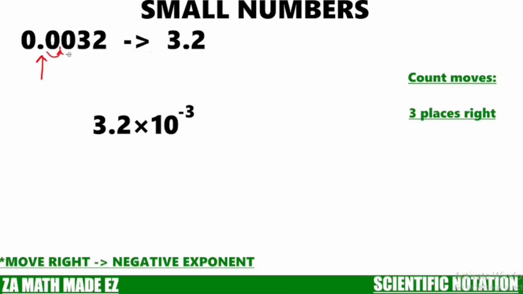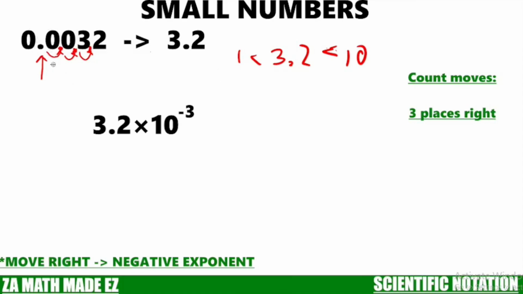That is still not between 1 and 10. Let's move it again. That's 0.32. That's still not between 1 and 10. Let's move it one more time. That's 3.2, and 3.2 is between 1 and 10, so it fits our restrictions.